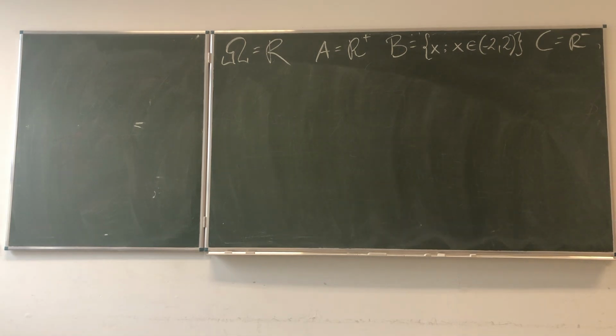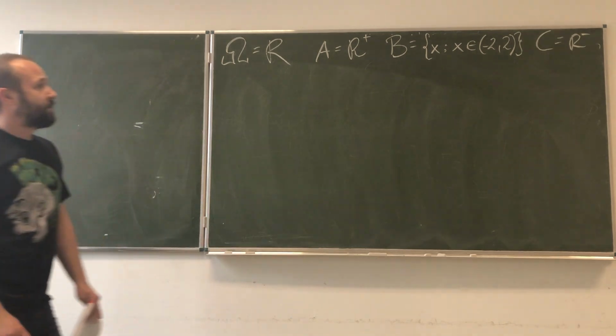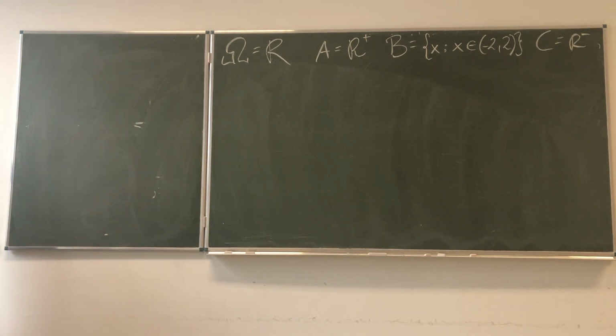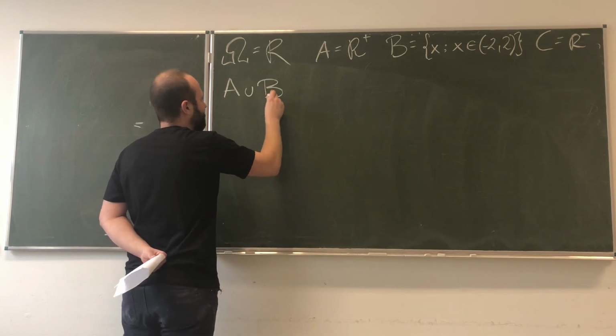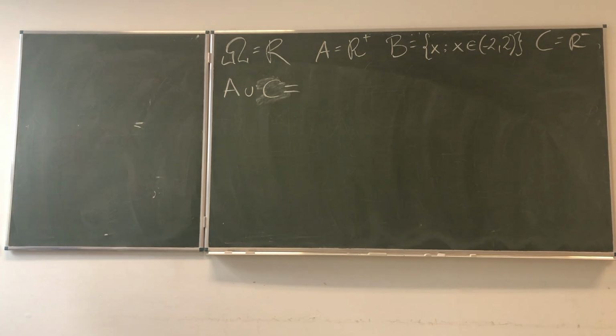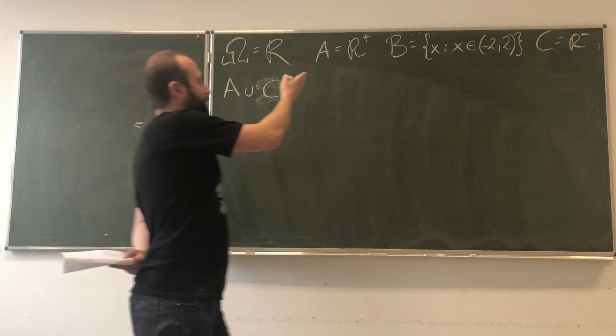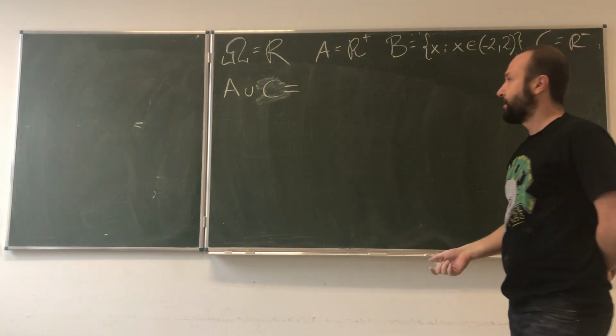Okay, now what if we have A union B? I'm sorry, A union C. Let's start with this. Here I take all real positive numbers and real negative numbers, and I'm going to add them up.